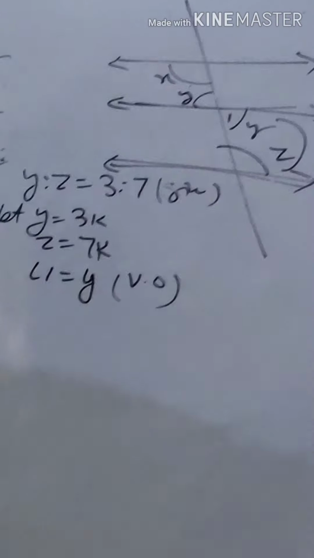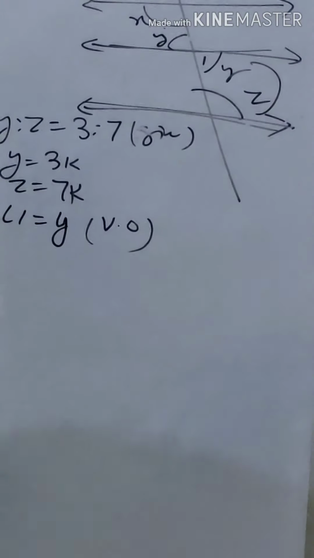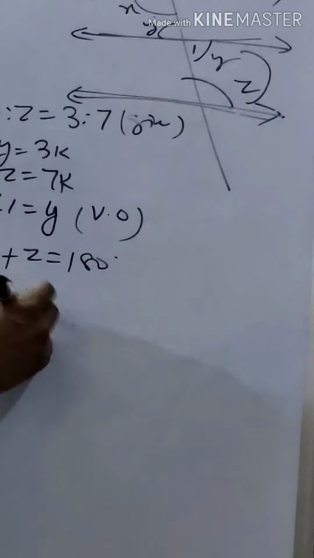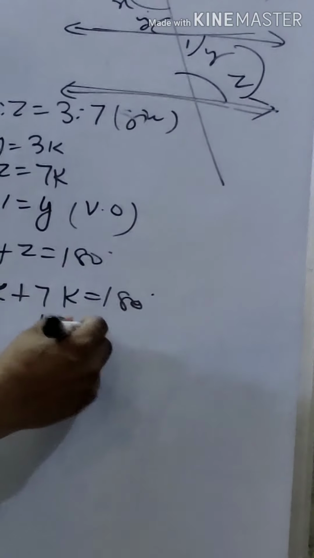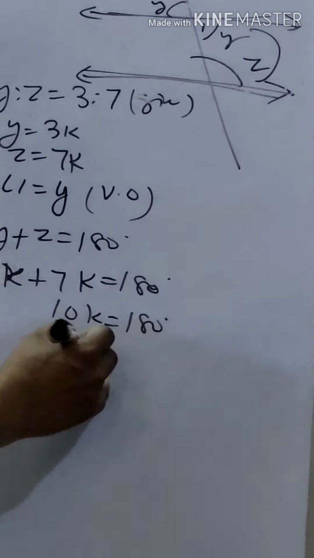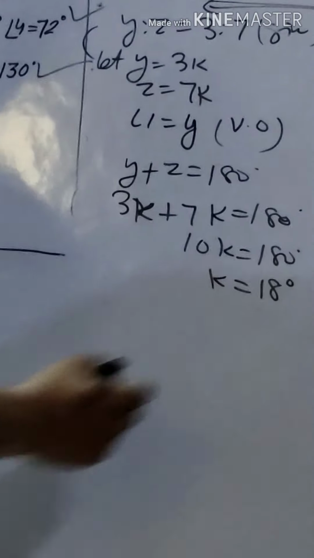Now the sum of interior angles on the same side of the transversal is equal to 180. So y plus z is equal to 180. Y is 3k, z is 7k, that is 10k. So k is equal to 18 degrees.